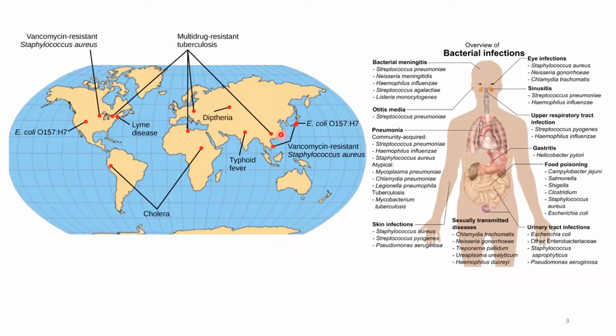And in tropical countries, we have a problem with diarrhea caused by E. coli or Salmonella typhi. Cholera is a major bacterial infection that causes a massive number of deaths.